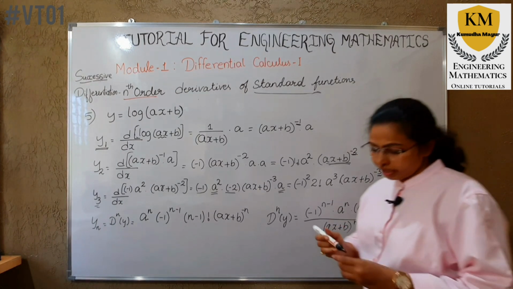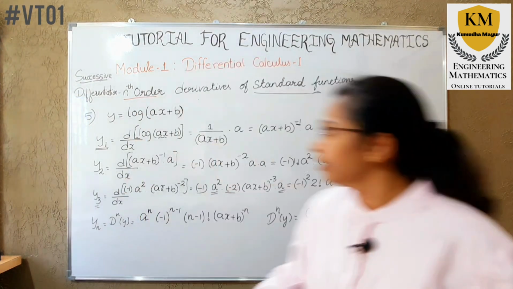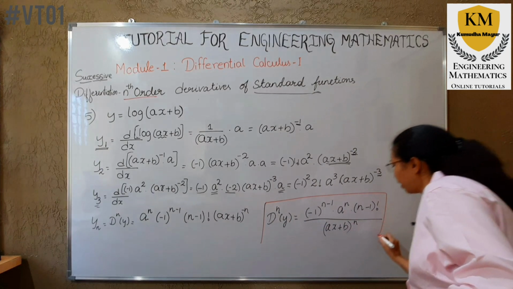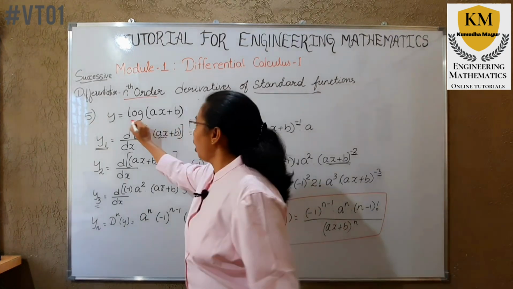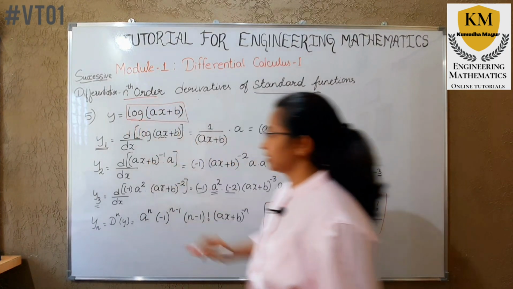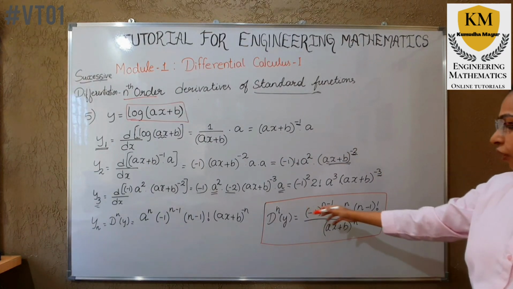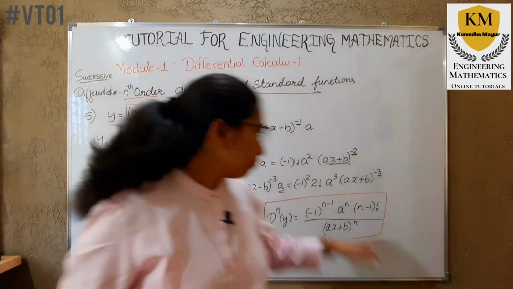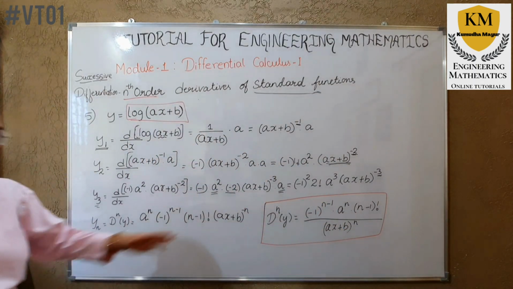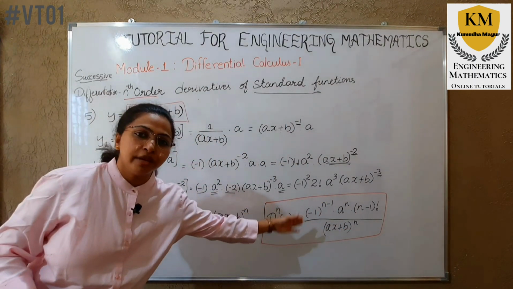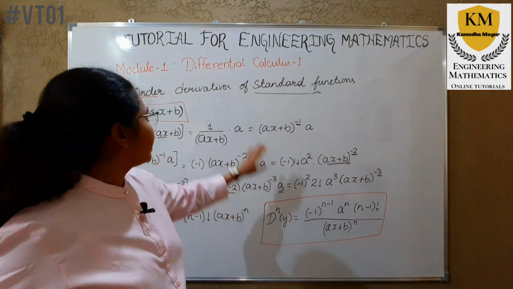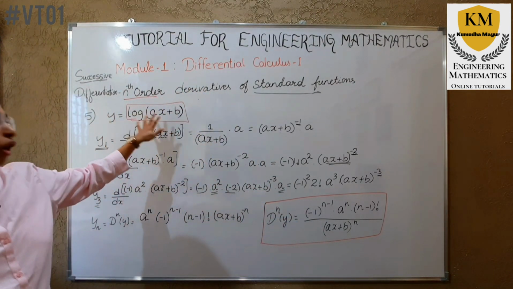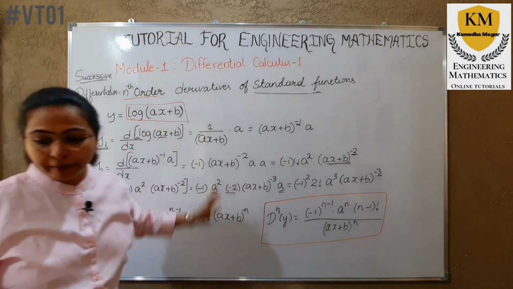This is the nth order derivative of the standard function log of ax plus b. So the nth order is minus 1 whole to the power n minus 1 into a to the power n into n minus 1 factorial divided by ax plus b whole to the power n, the nth order derivative of the standard function log of ax plus b.